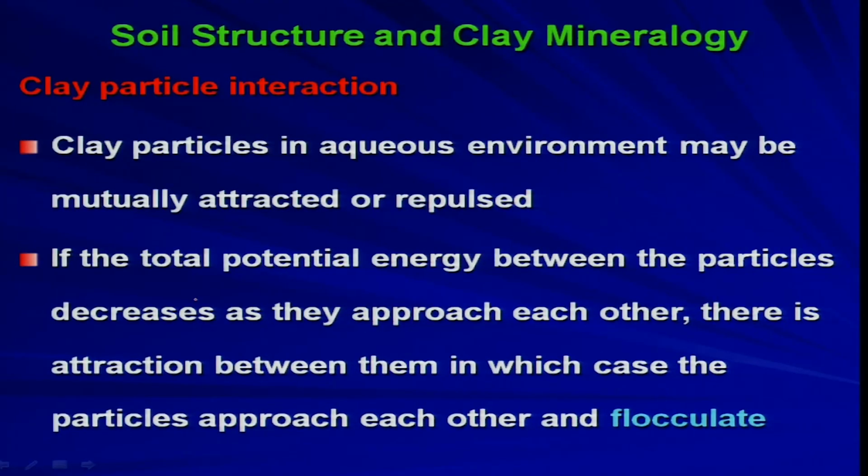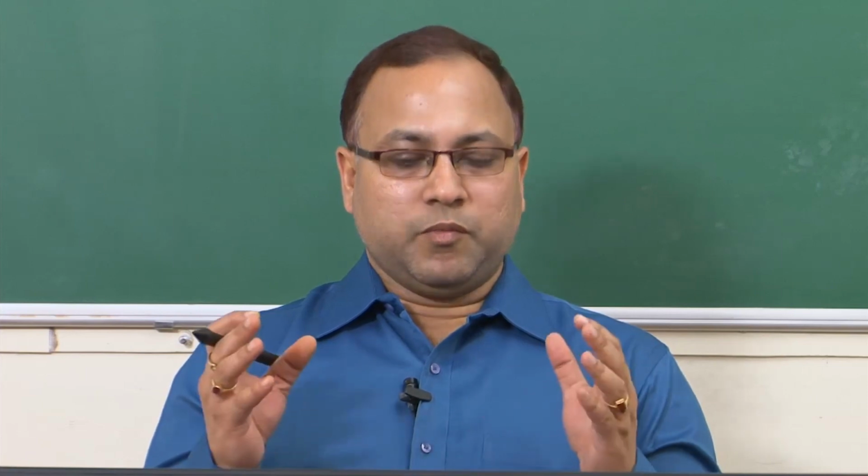If the total potential energy between the particles decreases as they approach each other, there is attraction between them, in which case the particles approach each other and flocculate. That means if the potential energy is decreasing, the particles will be attracted to each other and will flocculate, basically making a flock, making some group.